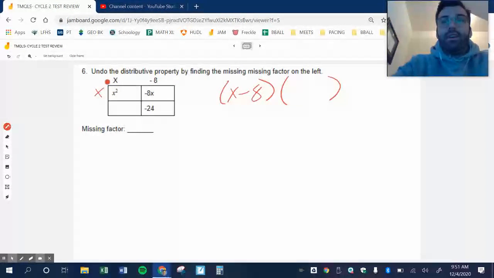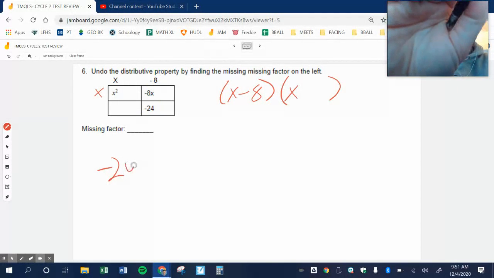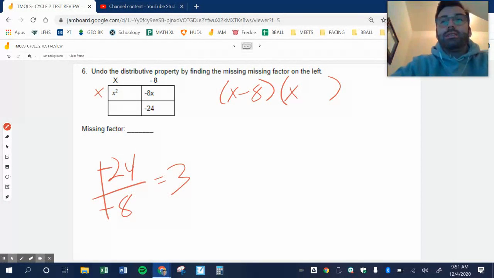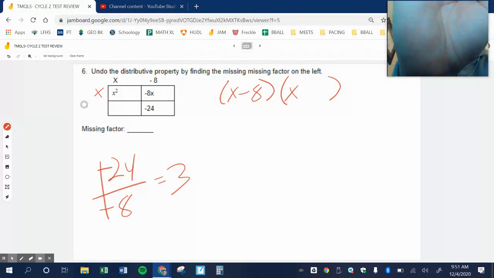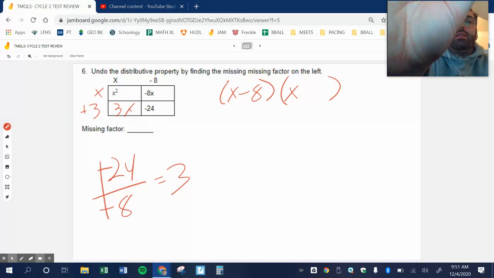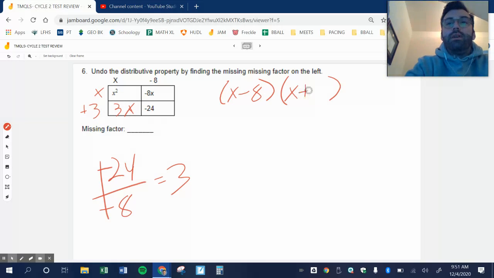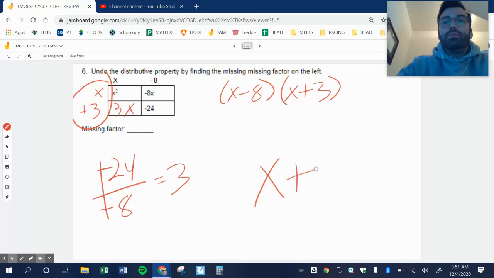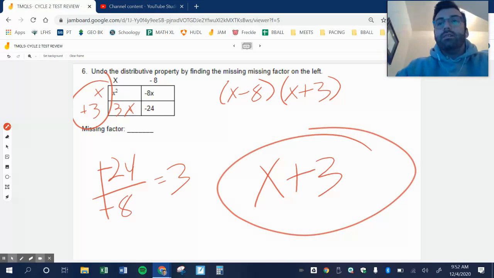So my other factor starting off is x. If I have -24, well, -24 divided by -8, the negatives cancel out, it's +3. So that tells me this must be +3, which would give me a 3x there. So my missing factor is x plus 3.